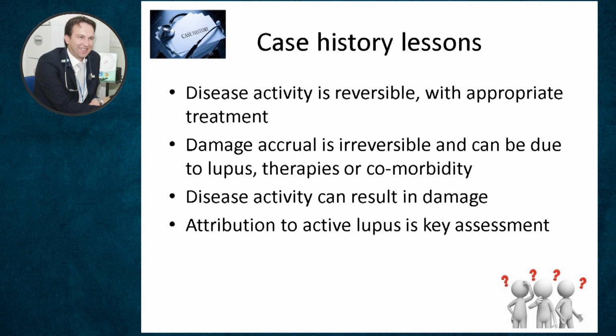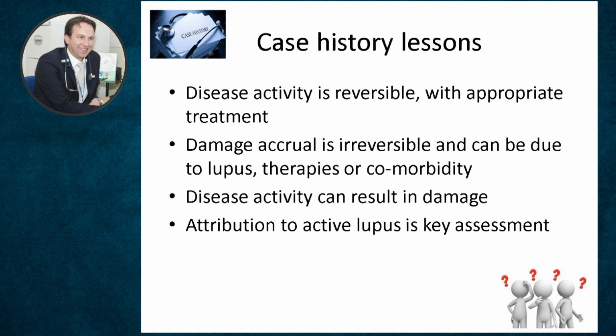So overall, the key lessons from my point of view from this case history are that disease activity in lupus is a key thing to identify, as it is reversible, and appropriate treatment needs to be offered. Damage that patients accrue is irreversible, and damage can be due to lupus, the treatments that we use, such as steroids, or the evolution of comorbidities, such as cardiovascular disease.